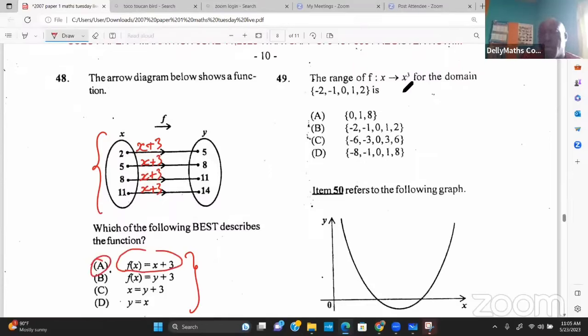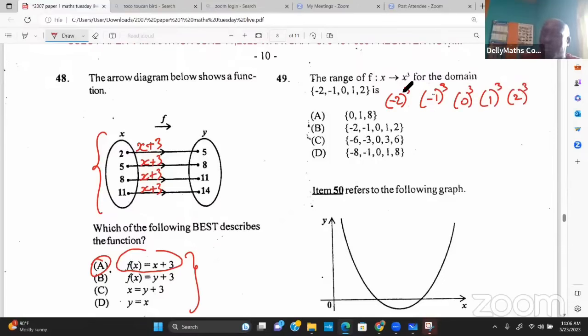49. The range of x to the third for the domain -2, -1, 0, 1, 2 is what? Guys, substitute, right? X to the third, substitute. So you're going to substitute -2 to the third, then -1 to the third, then 0 to the third, then 1 to the third, then 2 to the third.